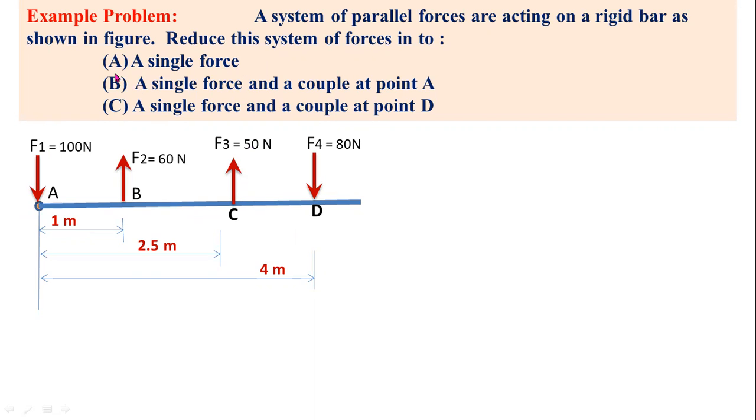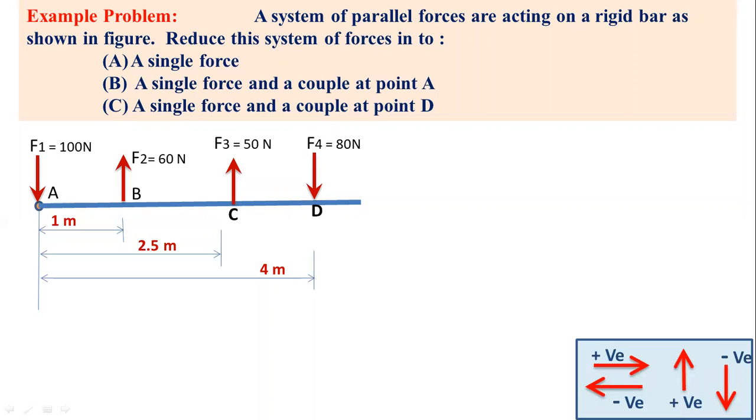That is part A. In the second part, you have to shift that single force to point A, as a single force and couple at point A. That is case B. And the last part is you have to shift the resultant force to point D.